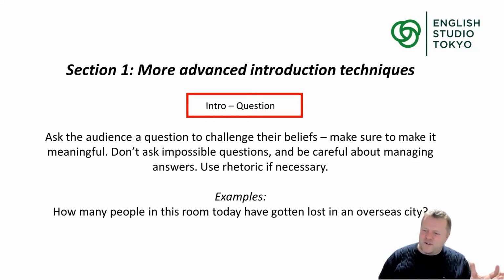Don't ask the audience to raise their hand. Don't ask them to call out. Use rhetoric. Rhetoric is when you ask a question and then give the answers. You don't want to be getting your audience doing something at the beginning of your presentation. It's very risky. Lastly, don't ask impossible questions.